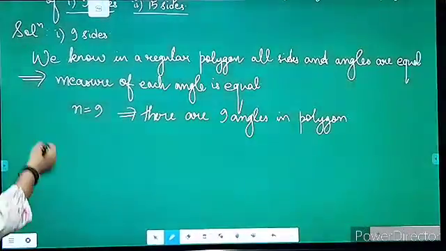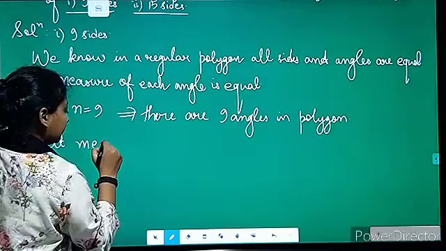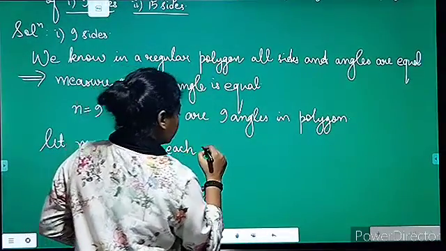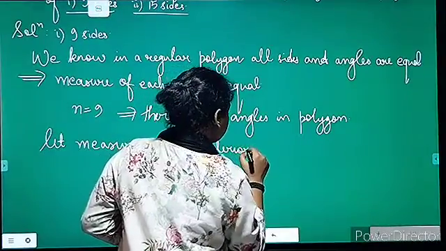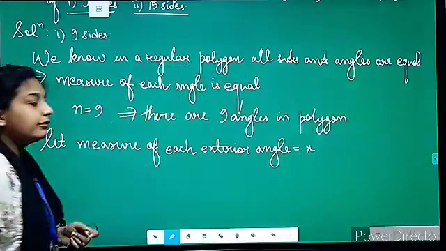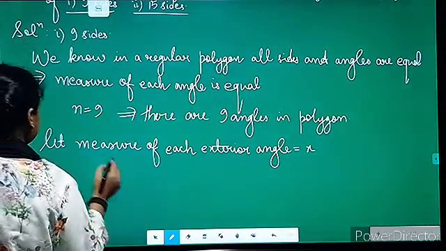Now since the measure of each angle is equal, let the measure of each exterior angle equal x. We have 9 total angles and the measure of each angle is x.